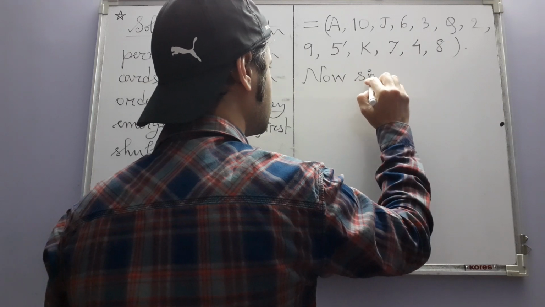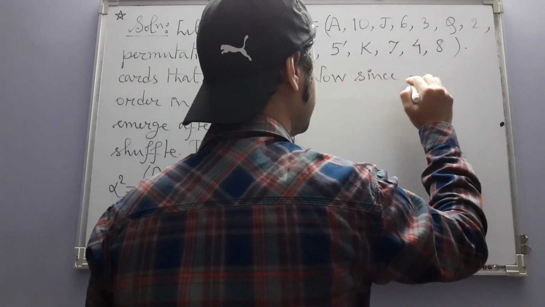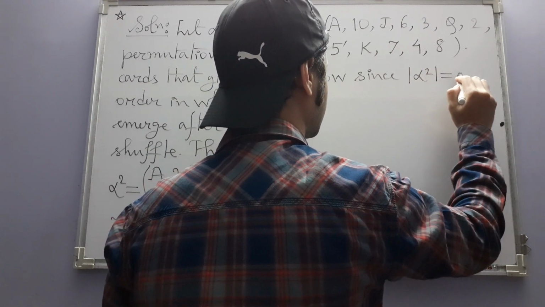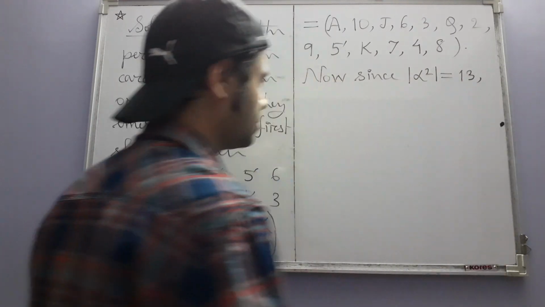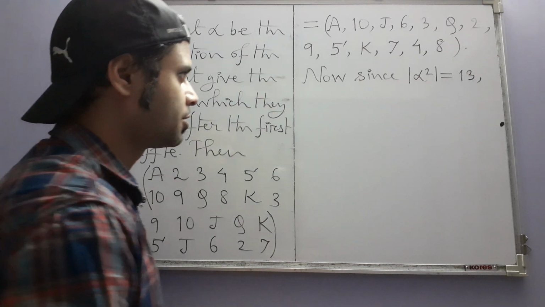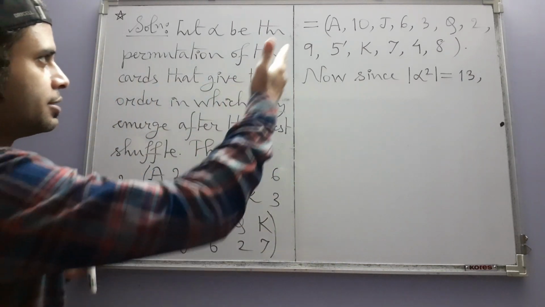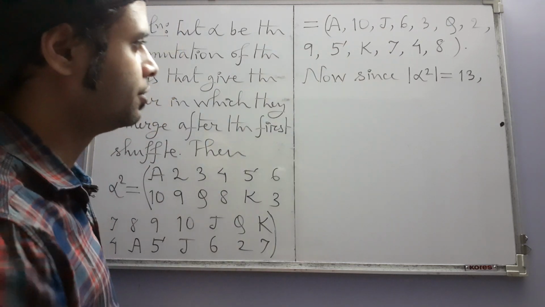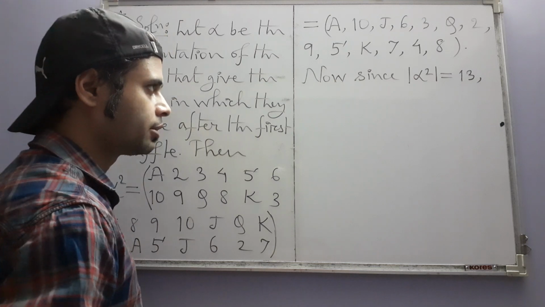Now since the order of alpha square is 13. Why is the order of alpha square 13? That's because alpha square is a 13 cycle, and any 13 cycle has order 13. We already know that.